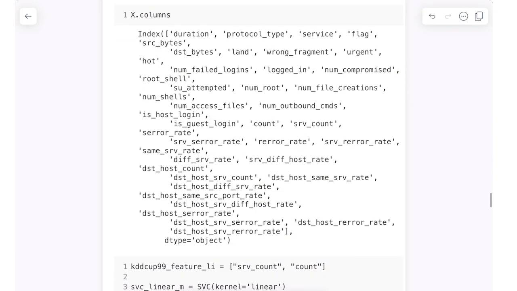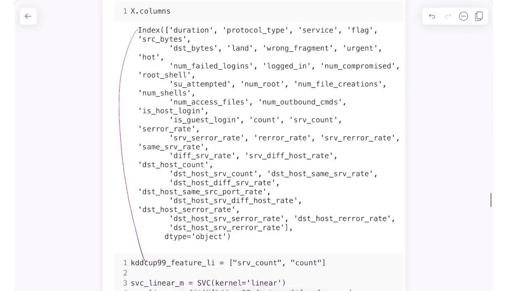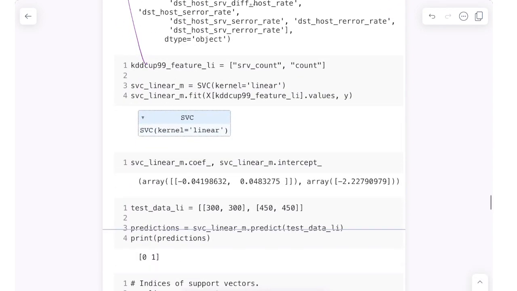Here are the columns, which are the features. It has 40 features, and we select 2 of them as our x0 and x1, and here is the y. We simply use a tool called SVC, support vector classifier.